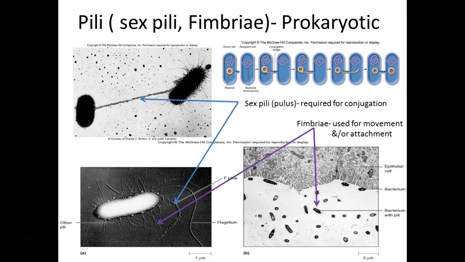Right? So, this is Neisseria gonorrhoeae that causes gonorrhea, right? That particular bacteria has fimbriae that's specifically attached to our epithelial cells, right? So whether it be in the vagina region or it can actually even cause a form of conjunctivitis.